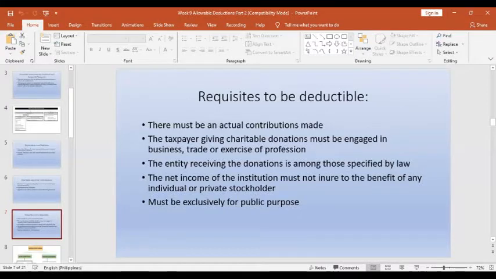And when this charitable contribution is given to the government, it makes sure that the purpose of giving the gift can be used for a public purpose by the government. For example, you are giving a land to the Philippine government. This land can be used for public use, like establishing a school or a public hospital. Okay, that is an example of an exclusive public purpose or transfer for public use.